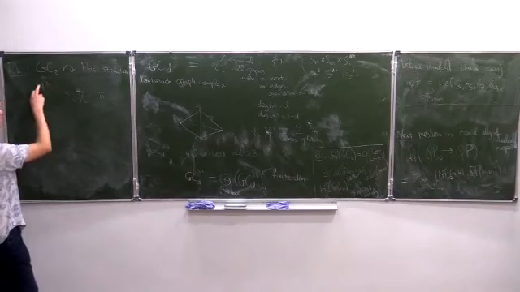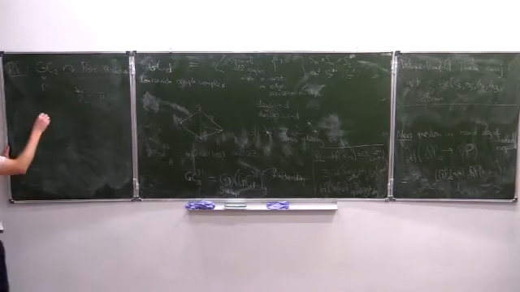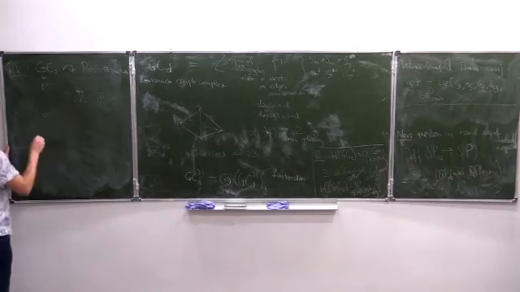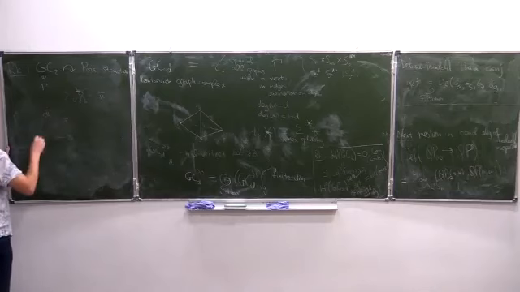How can I act by a graph in this picture? I can do the following things. I can take my graph gamma, and I can place in each vertex all possible orientations.